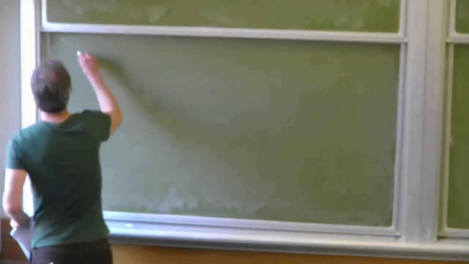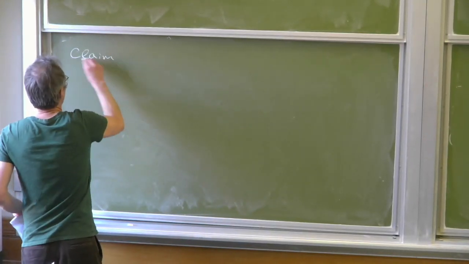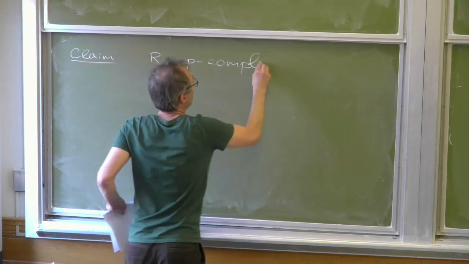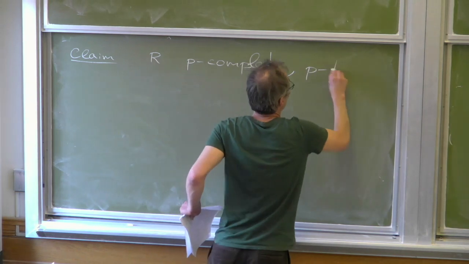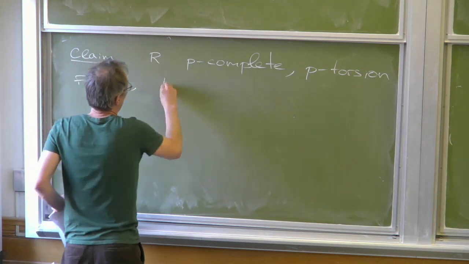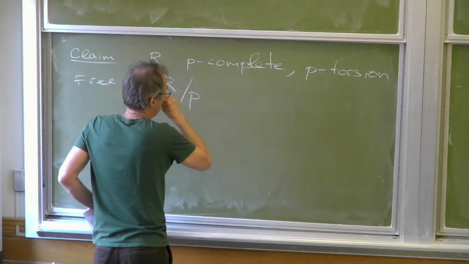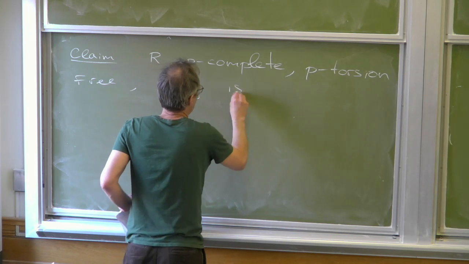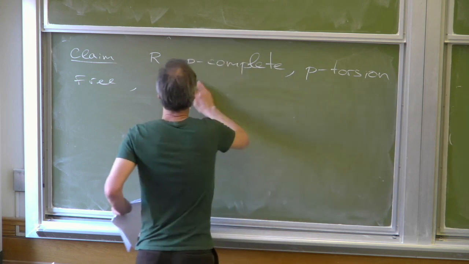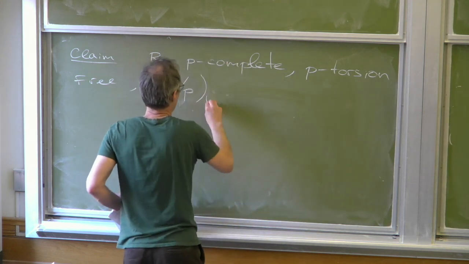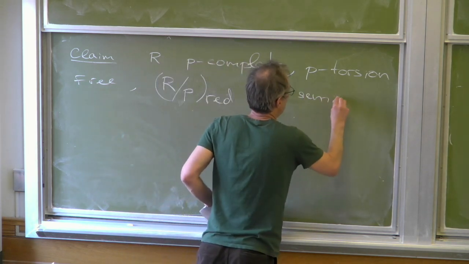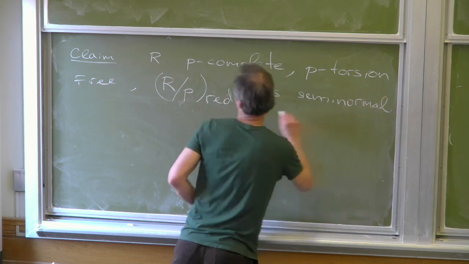So claim: suppose that R is p-complete and R mod p is reduced and seminormal.